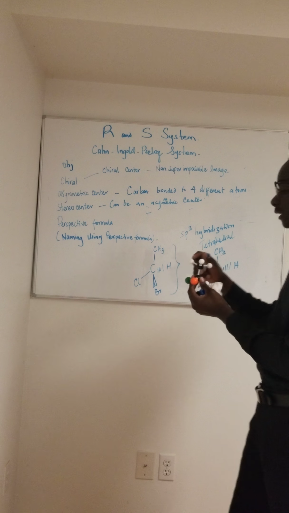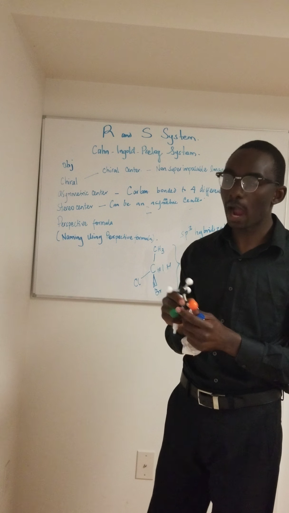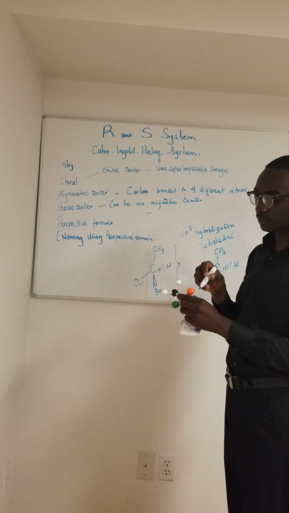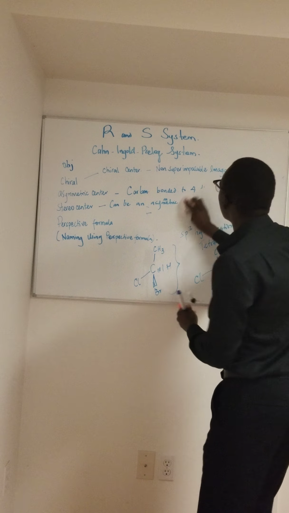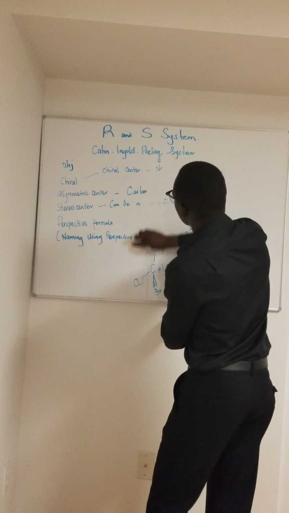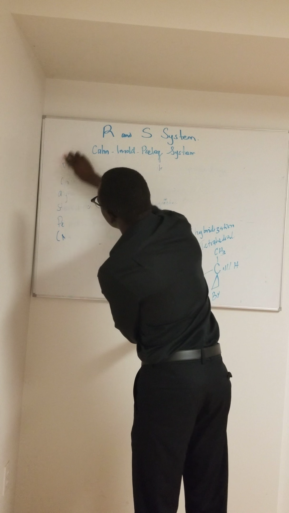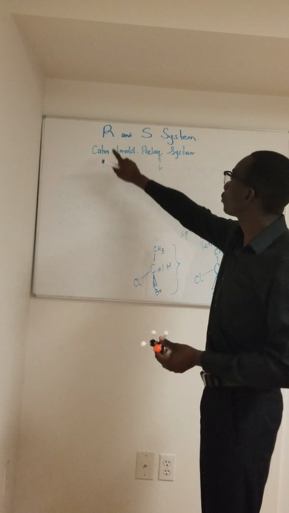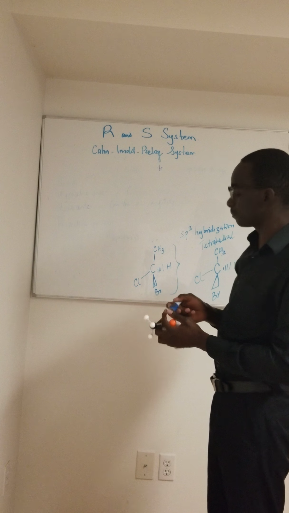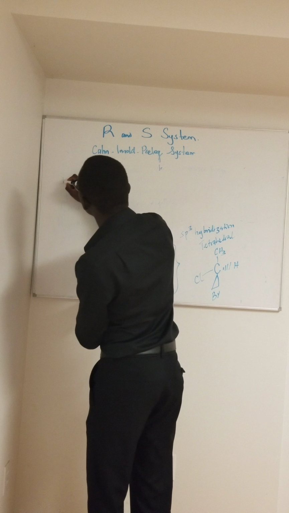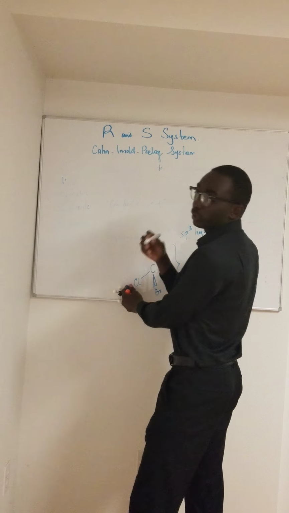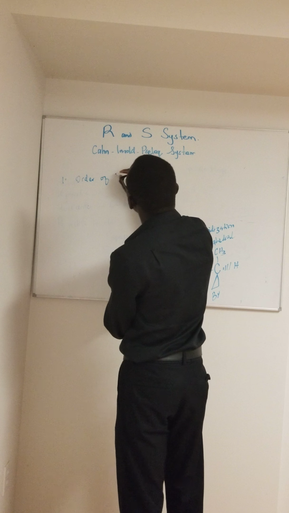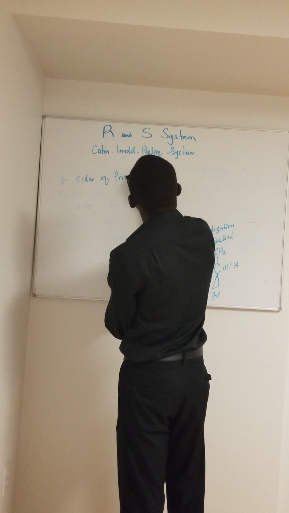So now, to begin with this molecule, how do we name a molecule like this using the R and S system? So before naming a molecule in the R and S system, the first thing you have to know is you have to list them in the order of priority.